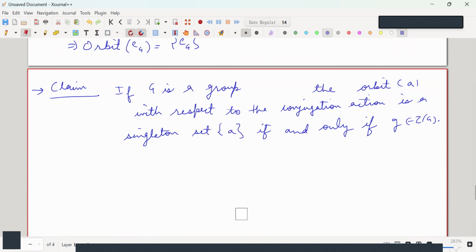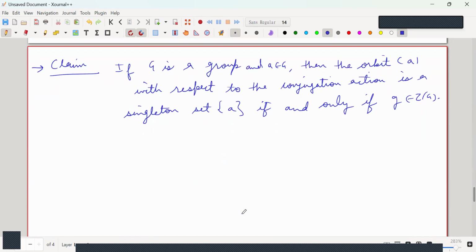Of course, we need to assume that a is inside G, so the orbit of a with respect to that action makes sense. It's a singleton set {a} if and only if this a is coming from the center of G. So do you agree with that?